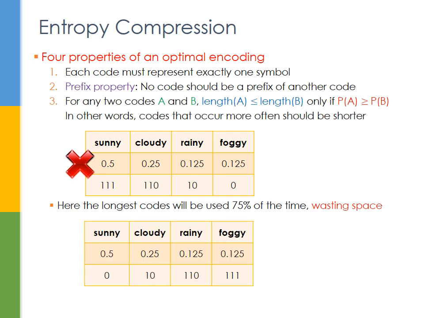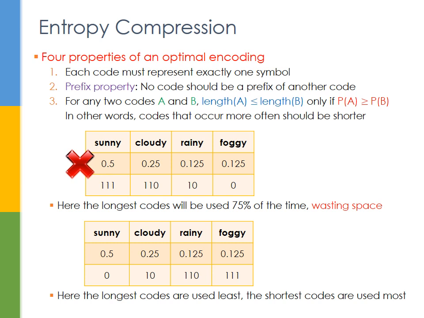Now, if we look at this alternative encoding scheme over here, we see that the third property is maintained. For example, sunny has a code length of 1, which is shorter than the code lengths for all of the other symbols within our system, and that is because the probability of sunny is higher than the probabilities for all of the other symbols occurring.